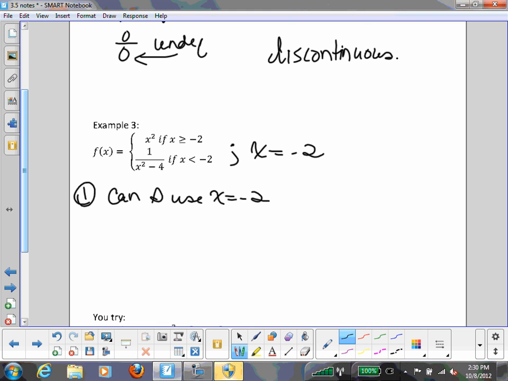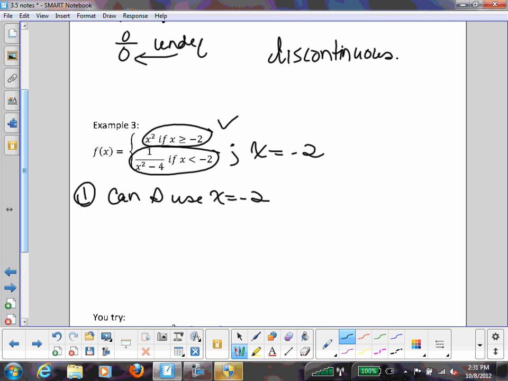So can I use -2 up here? Can I use it in for x squared? Yes. Can I use -2 in for here? No. Because what happens? And 4 minus 4 is 0. And so it's going to fail this case.